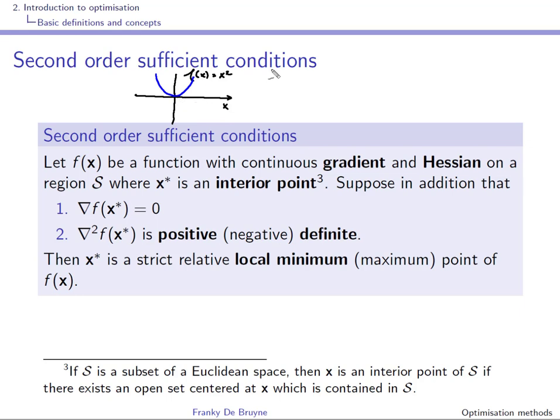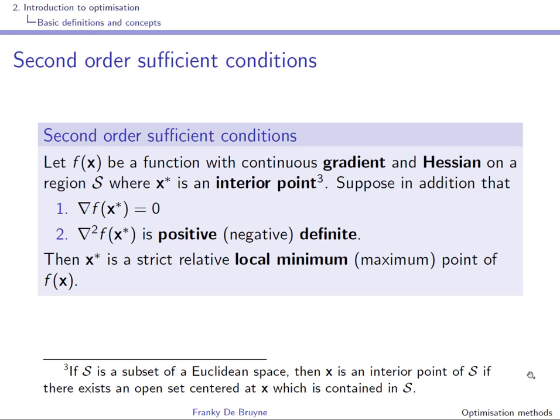So indeed, if we take x star equal to 0, we see that the derivative of f of x, 2x, in 0 is equal to 0, and we have that the second derivative in 0 is simply 2. We have a positive curvature, an upward concavity, so we have here at x equal to 0 a minimum.